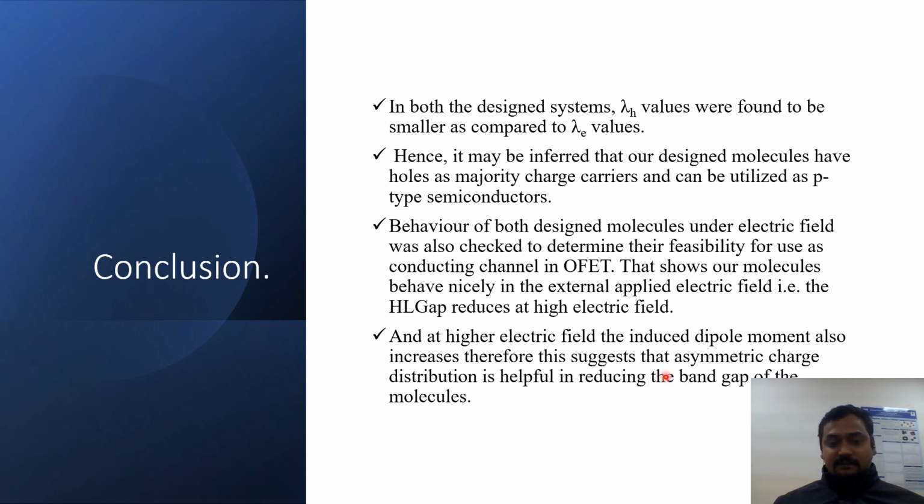It is also confirmed from our electronic distribution picturization of the charges through the HOMO and LUMO orbitals, and from the dipole moment calculations. We hope this is a contribution in the field of organic electronics, or basically organic field effect transistors.